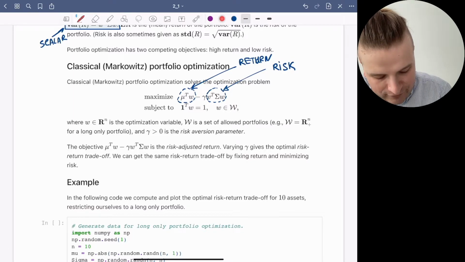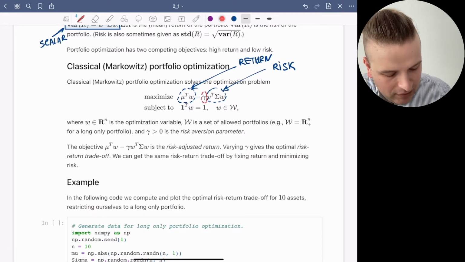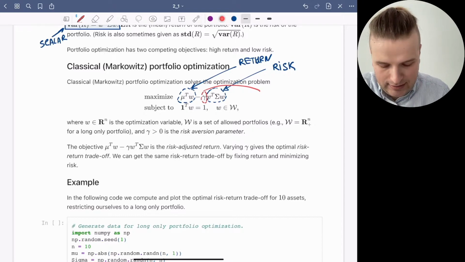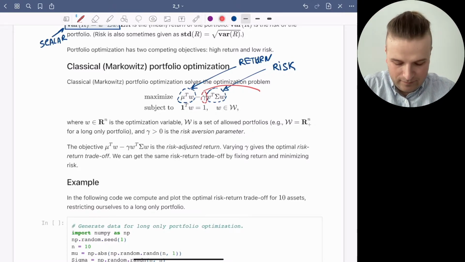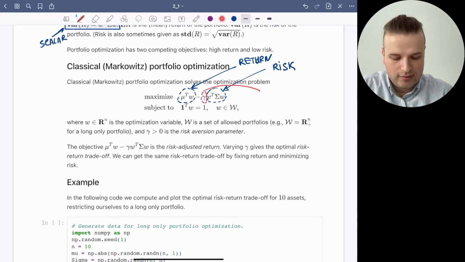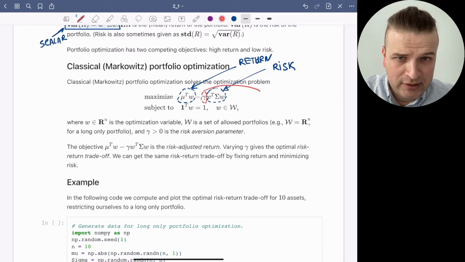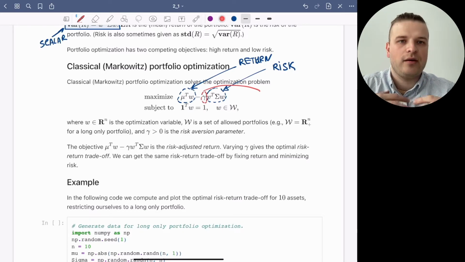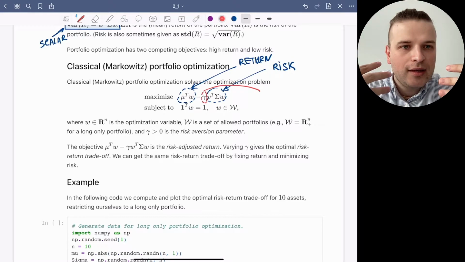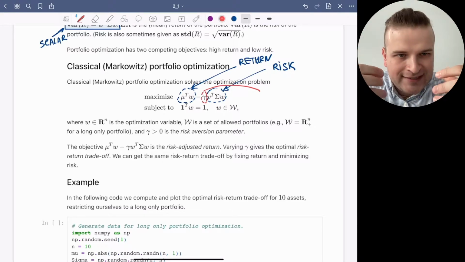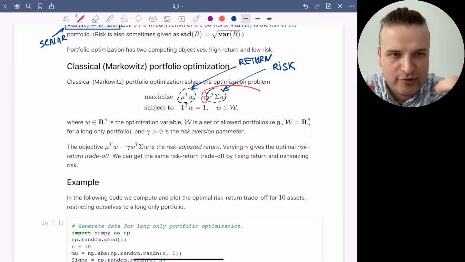But actually we have this gamma scalar here, and this gamma is just some risk aversion parameter, which means that the higher the gamma, the more important decreasing risk becomes to you.